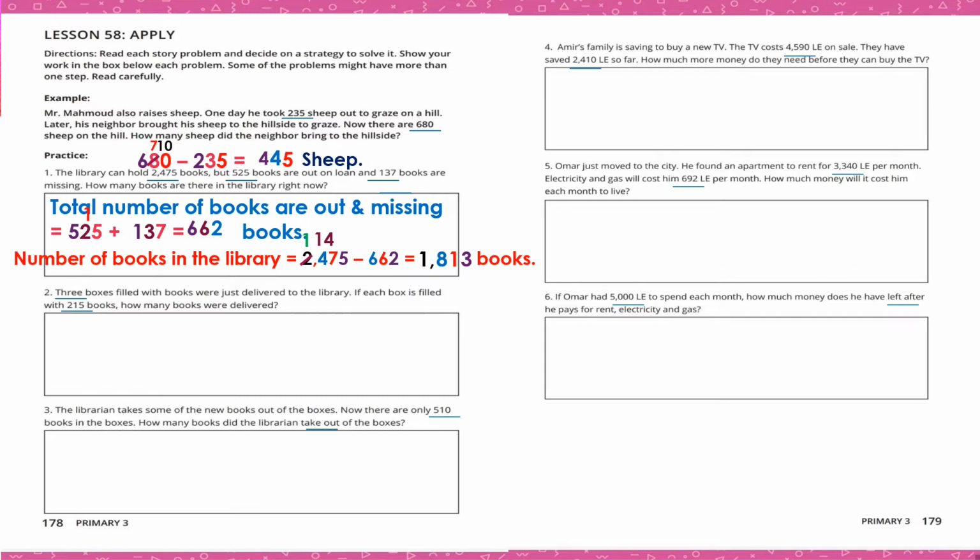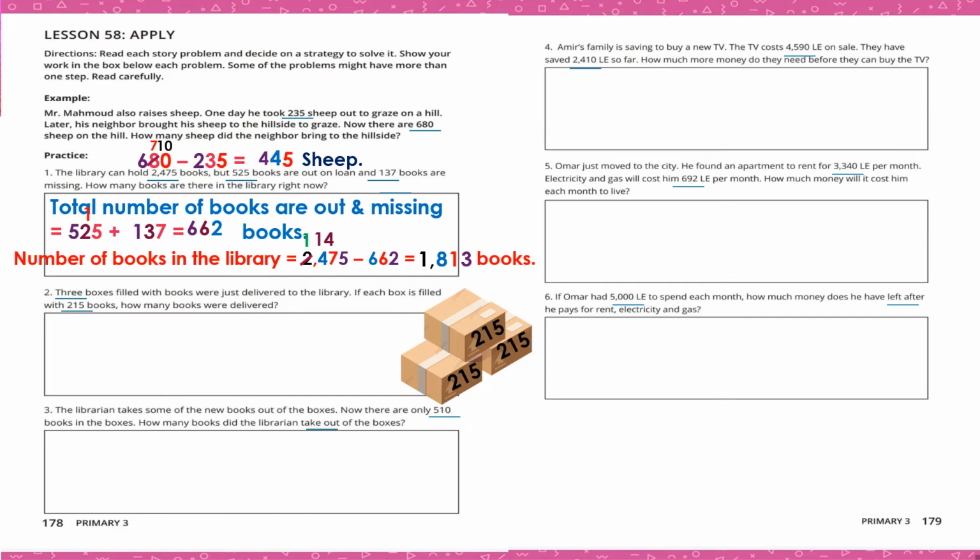Number 2. 3 boxes filled with books were just delivered to the library. If each box is filled with 215 books, how many books were delivered? Here we have 3 boxes. Each box has 215 books.